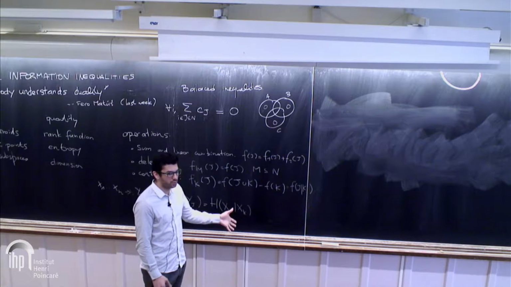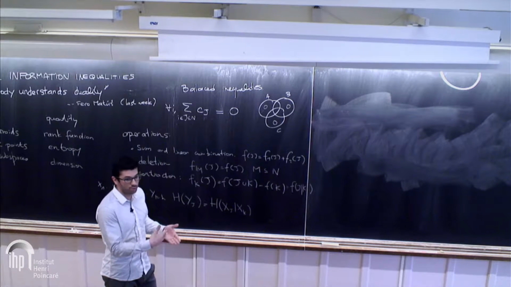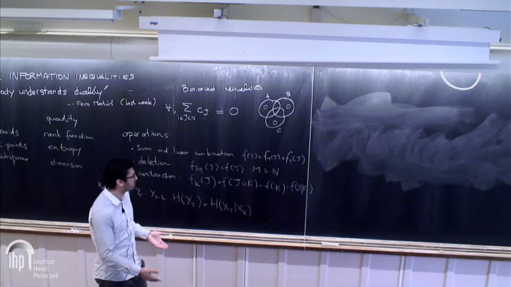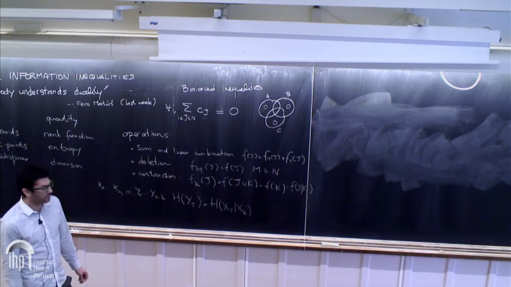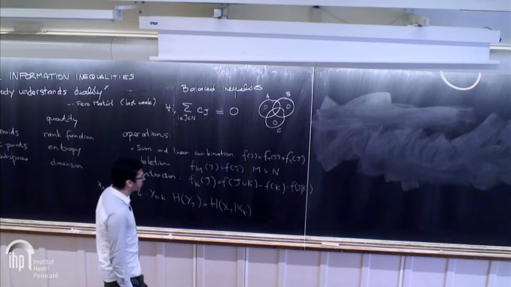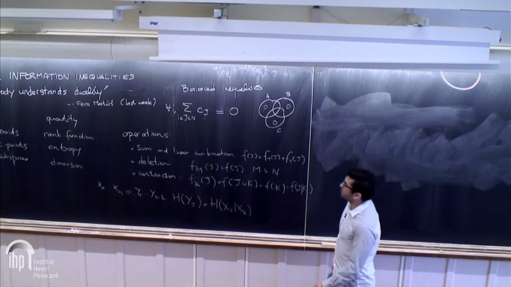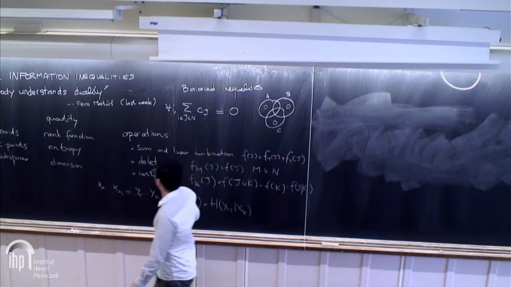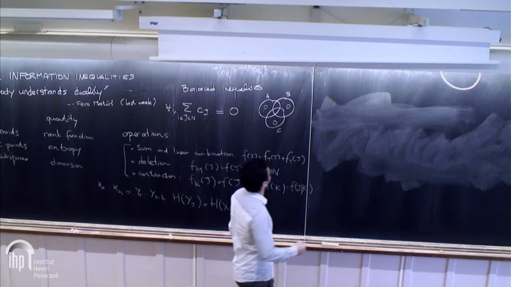So somehow you have to combine these conditional distributions to make them into a new random variable. Exactly, so it's nothing too difficult, but it's not that trivial. I'm just saying that we have this operation, and we have some counterpart for entropy.